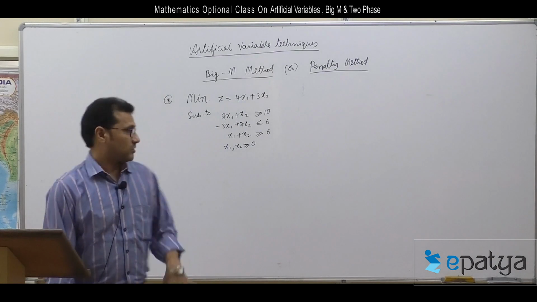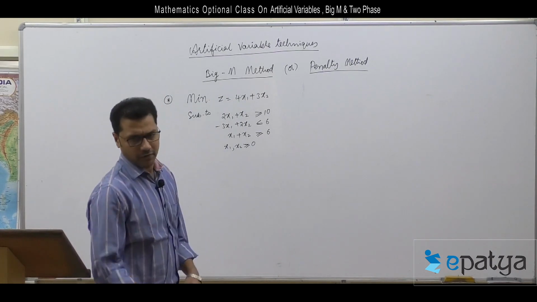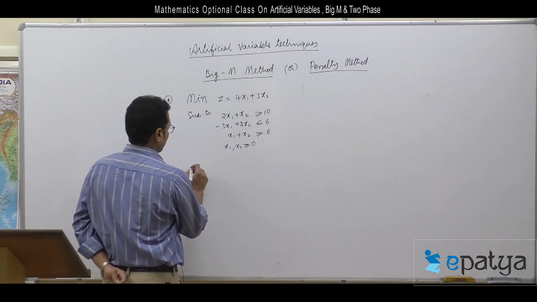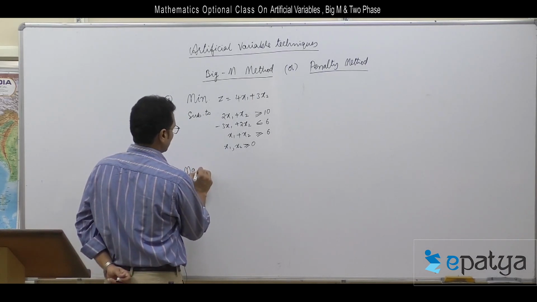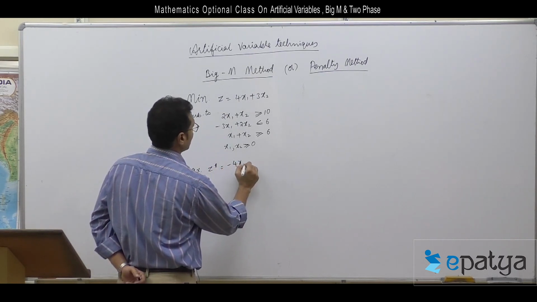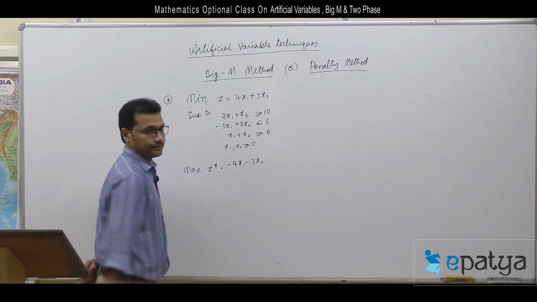Now, quite obviously, converting the given LPP into the standard form: maximization of z star equal to minus 4x1 minus 3x2.